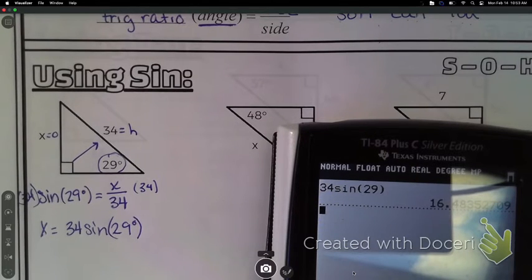It shows what you put in and then it will show you your answer.